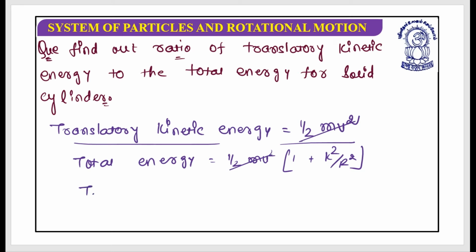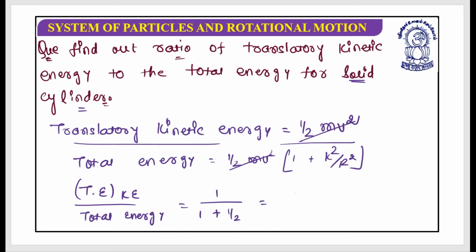So translatory kinetic energy divided by total energy would be equal to 1 divided by 1 plus, for a solid cylinder, k square by r square equal to 1 by 2. It's 1 plus half. So this is equal to 1 by 3 by 2, which should be equal to 2 by 3.